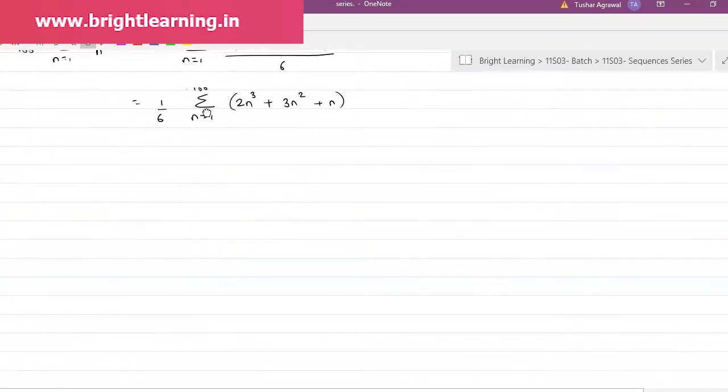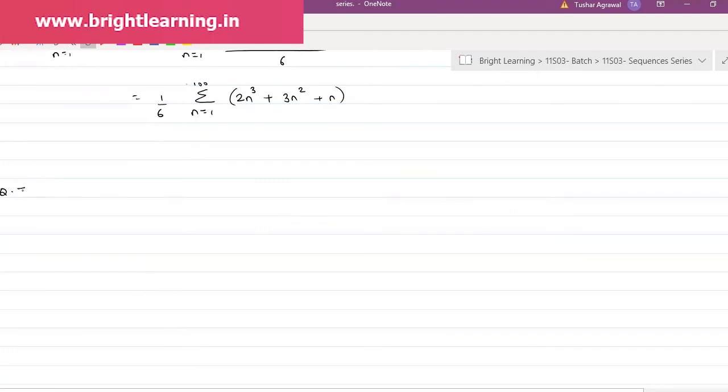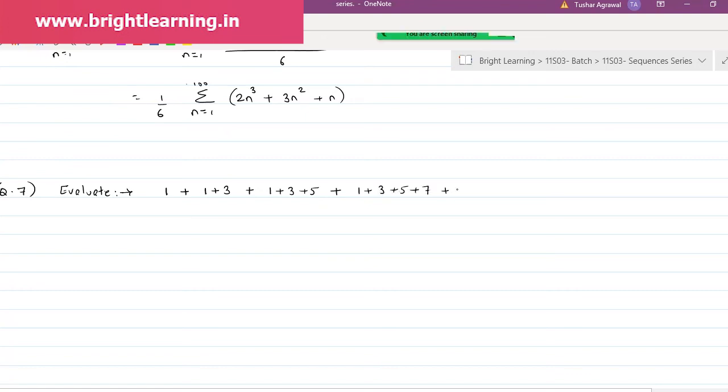Next. Last question for today. Evaluate 1 plus 1 plus 3 plus 1 plus 3 plus 5 plus 1 3 5 7 plus 1 3 and so on up to 100 terms, not groups.